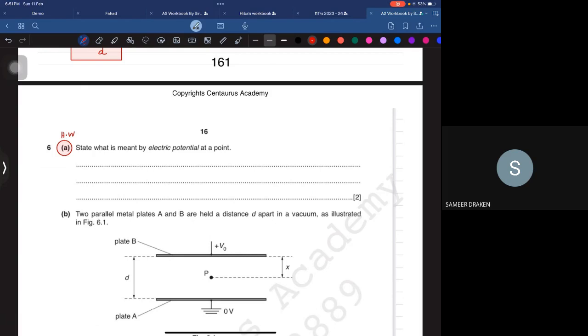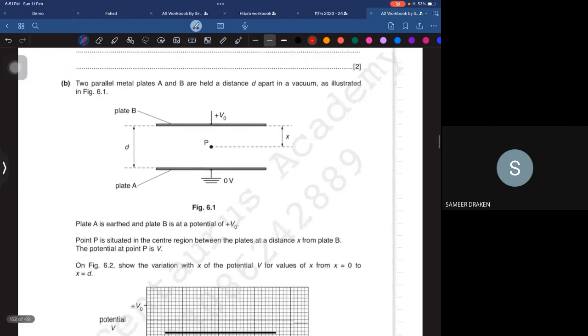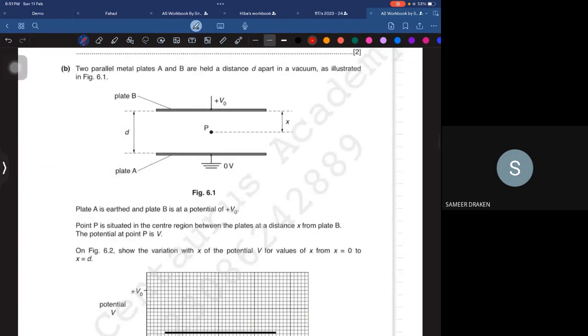We are basically going to do electric potential later, so this is homework for later. But for now, let's look at this question. In this question, they have given you a point P, and they said that plate A is Earth. When something is Earth, it's at zero potential, and plate B is at V naught potential, positive. It says point P is in the center region where the plates are at distance x.